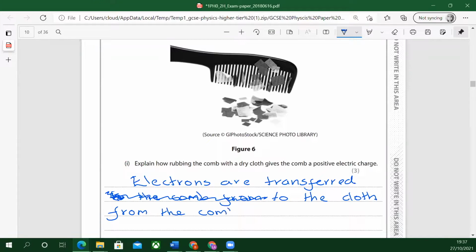What's happening is electrons are coming off the comb onto the cloth, leaving the comb positive. Only electrons move, so positive ions don't move anywhere. So leaving the comb positive.